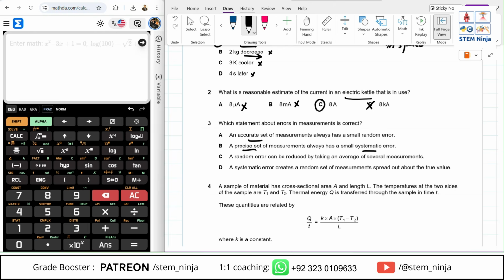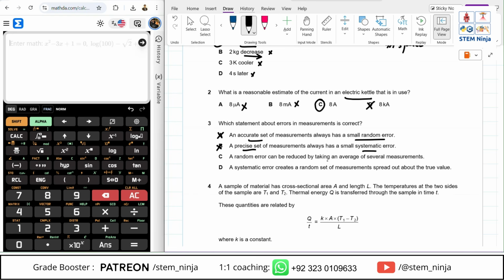Precision is related with how close the measurements are to each other. Both of these are incorrect basically. They are not related to each other.